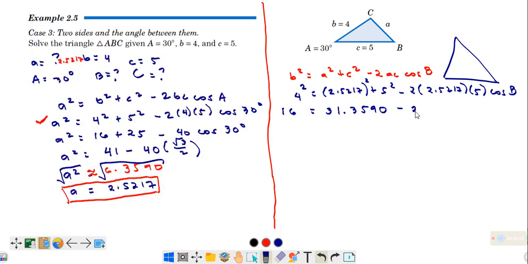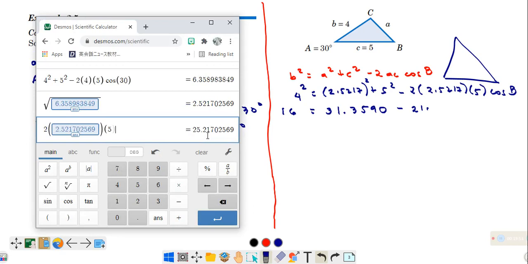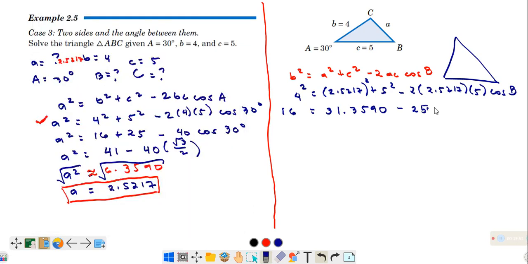25.21702569, or 25.2170 cosine B. So, ano susunod na gagawin? We are going to make use of addition property of equality at saka multiplication property of equality. So, dito, we have to get rid of 31.3590 on the right side.